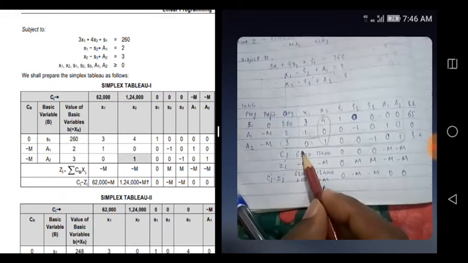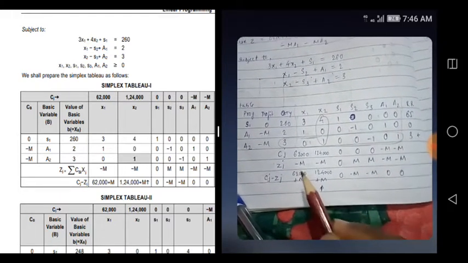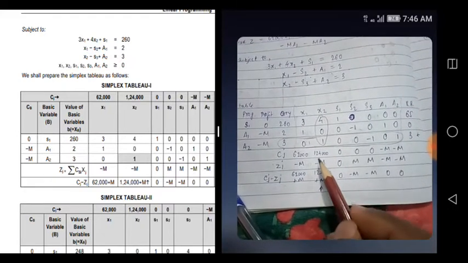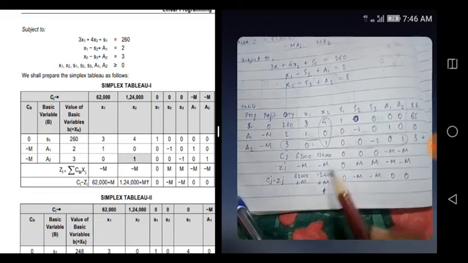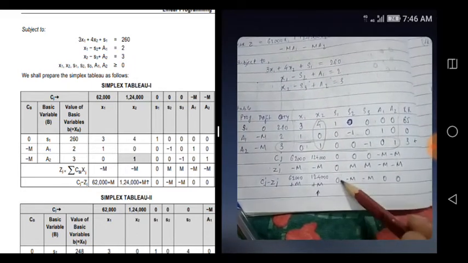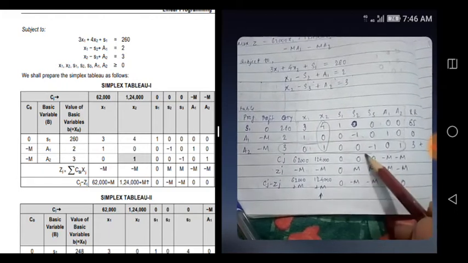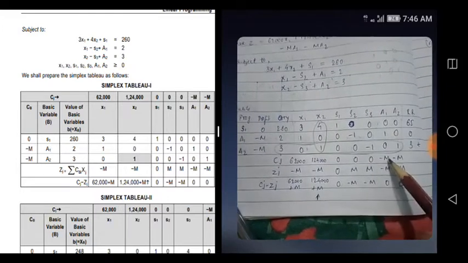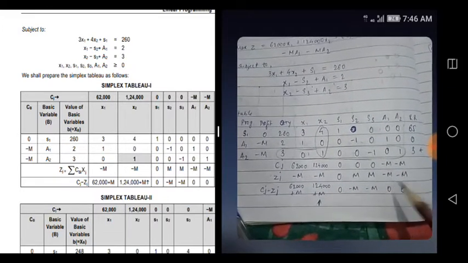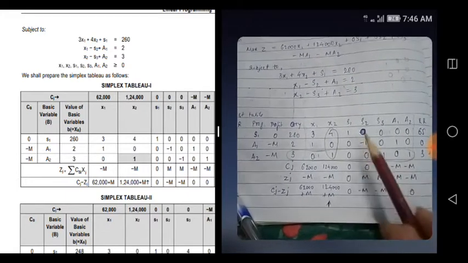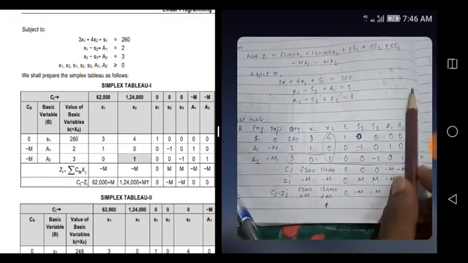So 62,000 minus minus M, so it will become 62,000 plus M. And this one, 1,24,000 minus minus M, so 1,24,000 plus M. And 0 minus 0 is 0, and 0 minus minus M becomes 0 plus M... and for the artificial variables, minus M minus minus M will become 0. Okay, that's it. So the whole table is completed other than RR and FR.